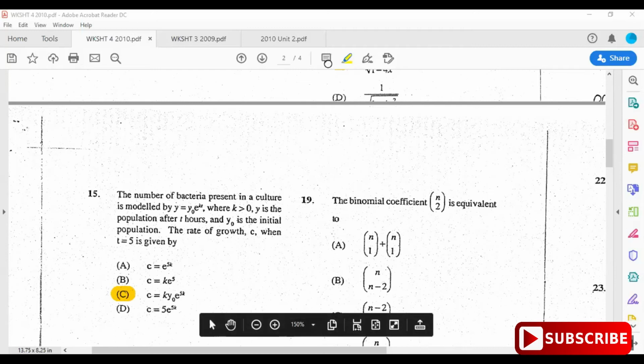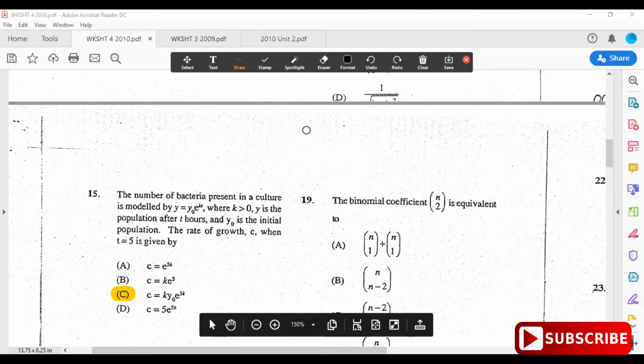I'm saying no, so let me write it down. We have that y is equal to y naught e to the kt, and we're finding dy by dt. You don't need to apply the product rule, y naught is a constant.